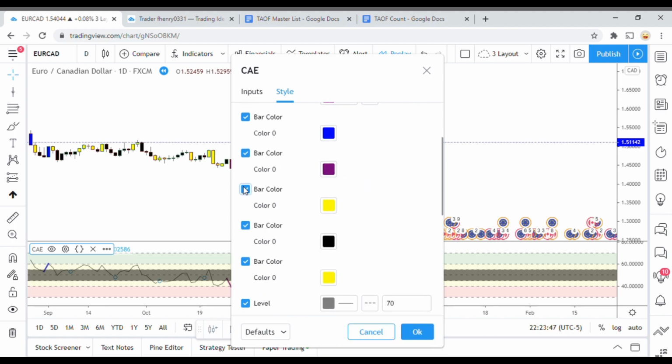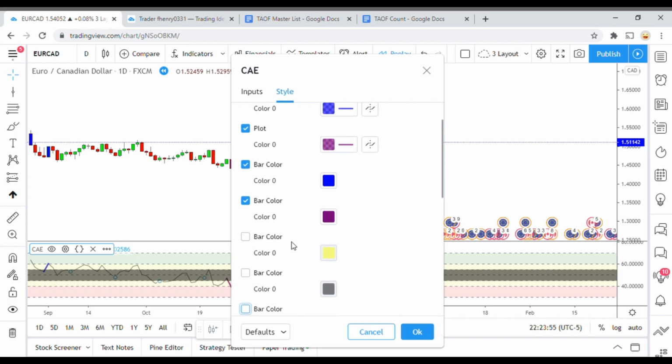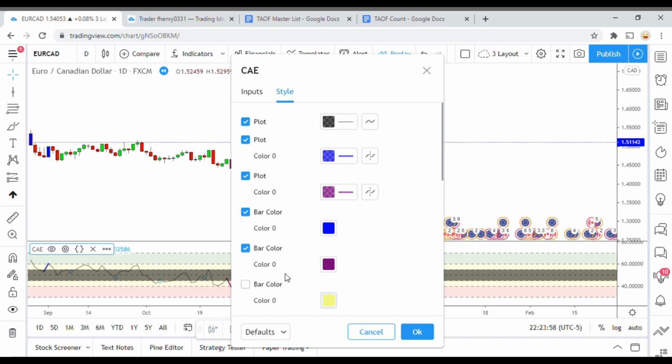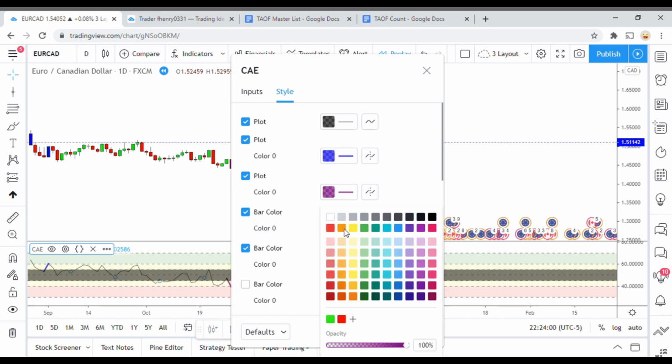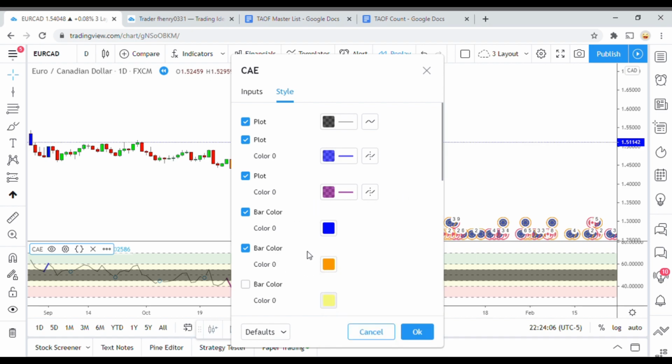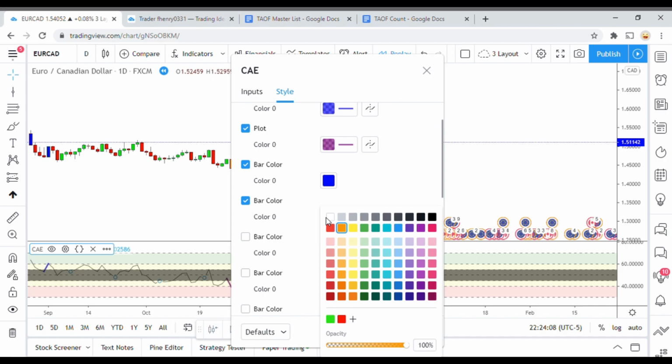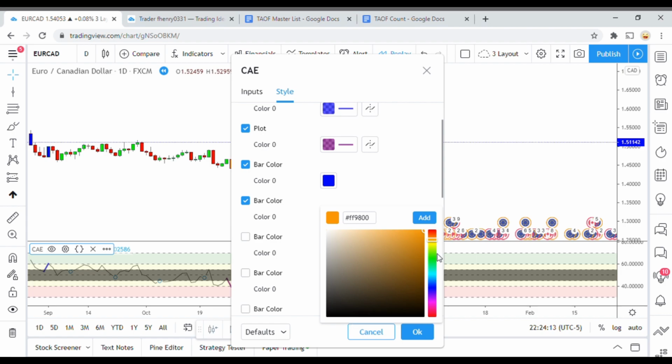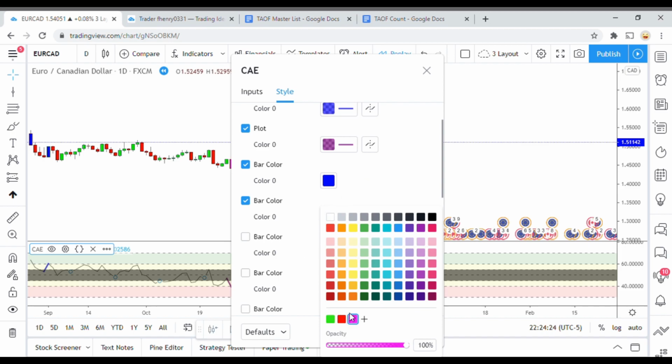So I think the first thing I'm going to do is turn off the ranging color on the bars. I don't feel like that really needs to be there. Basically what we are looking for is the moment where we get some kind of momentum out of the market. I wish there was a more dynamic purple, something that's a little bit more standout.